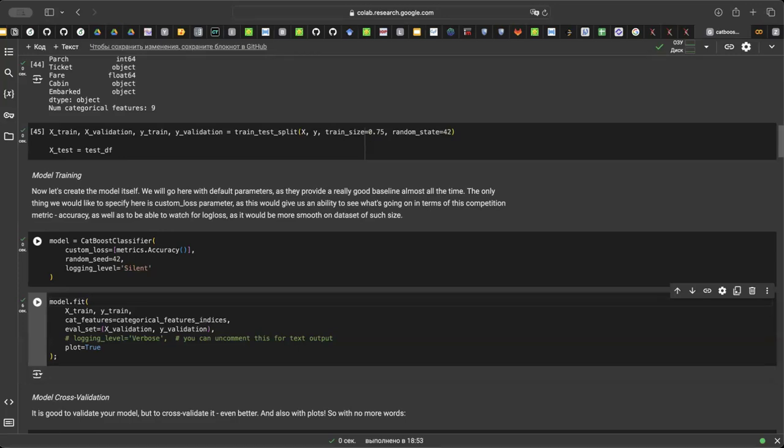Okay, what classification metrics do you know? The most common ones.